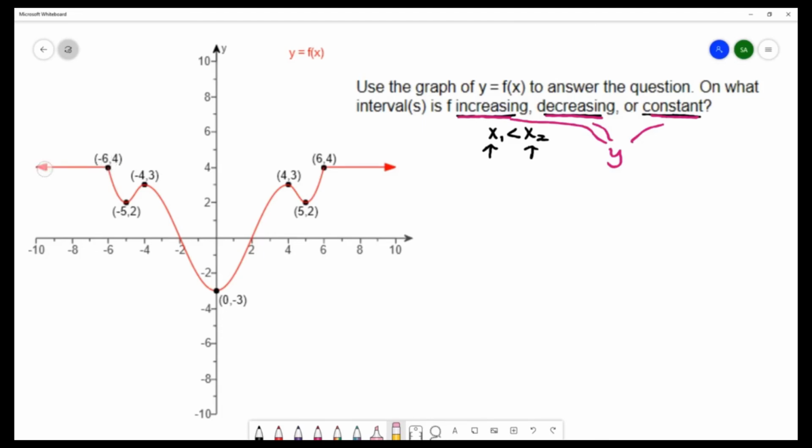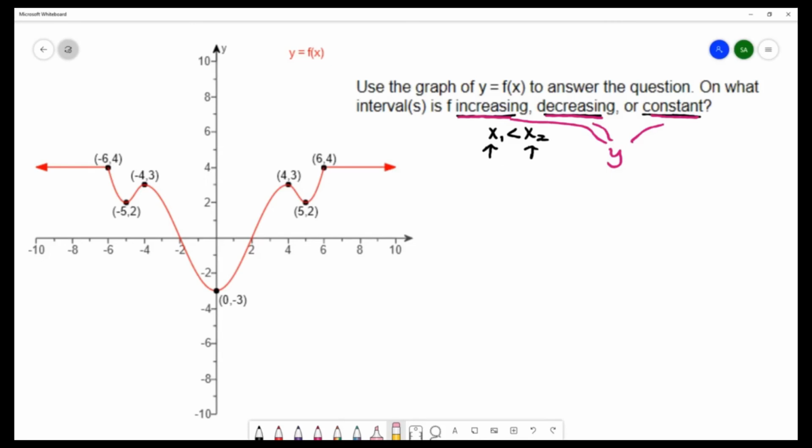So all of these y values are 4. Then the y values are decreasing along this section, increasing along this section, decreasing along this section, then increasing, then decreasing, then increasing, and then constant.